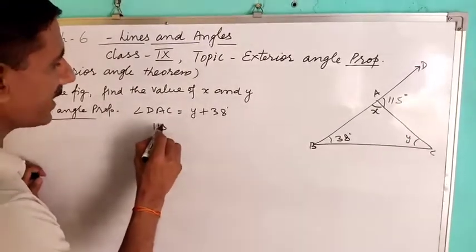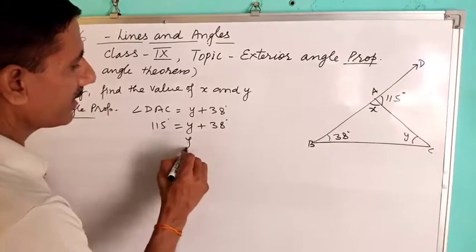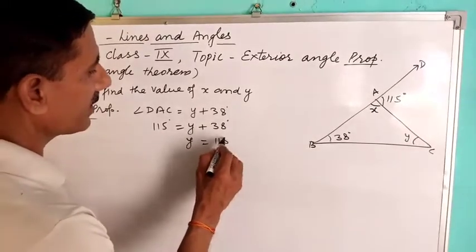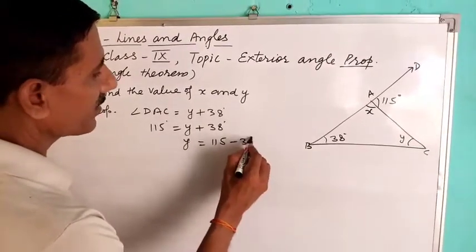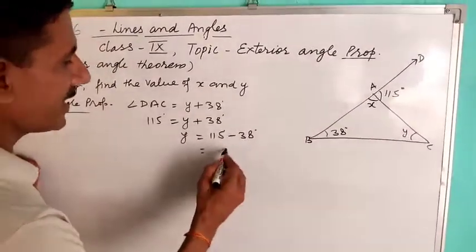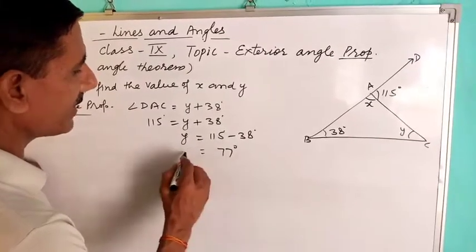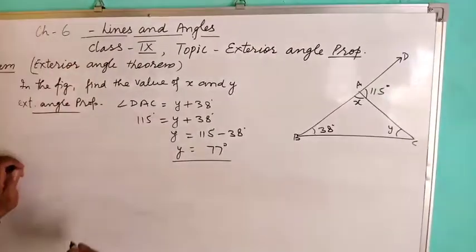DAC is 115, so y plus 38 equals 115, and we have to find y: 115 minus 38 is 77 degrees. This is y.